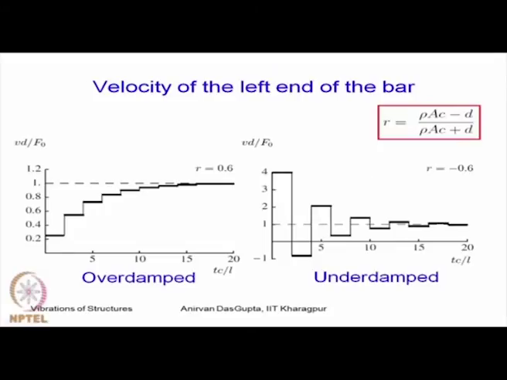So, what is happening is, since d is less, the disturbance that goes to the right boundary and hits this damper is absorbed, whereas if the damping is more than the impedance of the semi infinite bar, there is a reflection, and this reflection is more than what the initial disturbance was. So, there is some oscillation before the bar settles down.